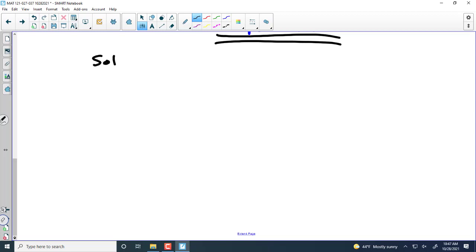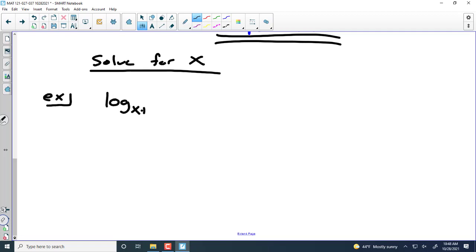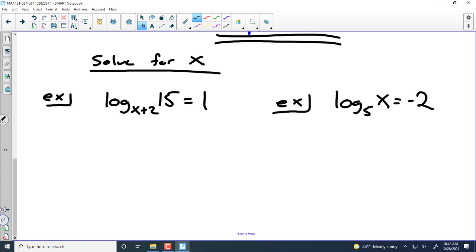So, if someone says solve for x, and they give me these two problems here, in both cases, what I have is x mixed into a logarithmic expression equal to a number.